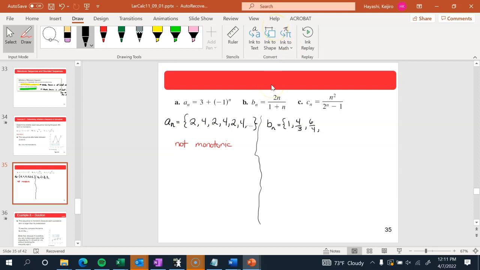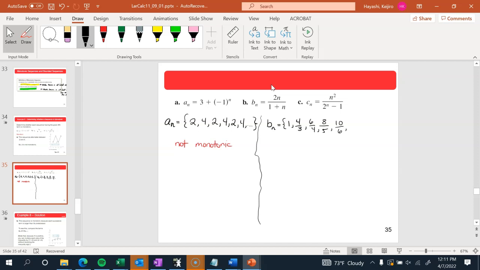And basically what's going to happen is the top is going to increase by 2's while the bottom increases by 1's because of the coefficients on these ends. So we'll get 8/5, 10/6, and you could simplify these. You don't have to though.